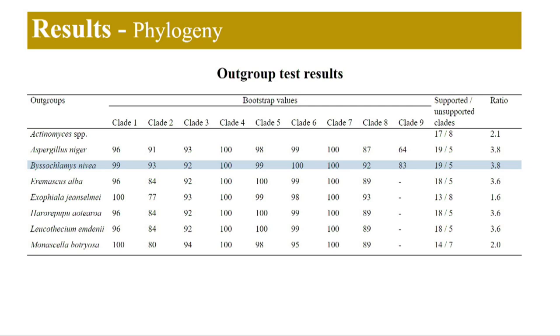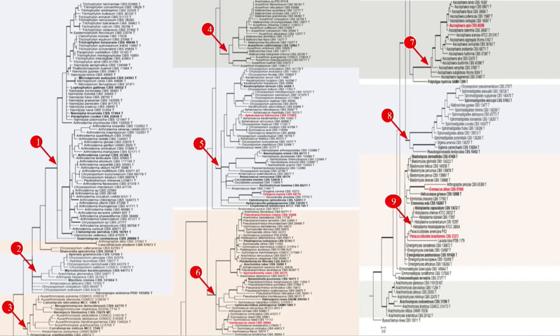And based on this result, Bifiguratus nivea was the best one to use when we checked the clade bootstraps and also the supported, unsupported clade ratio. So we decided on the outgroup, we decided which loci we are going to use, and in the end, when we combined just the type strains of LSU loci, we detected 9 supported clades.